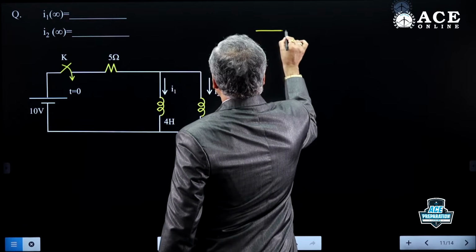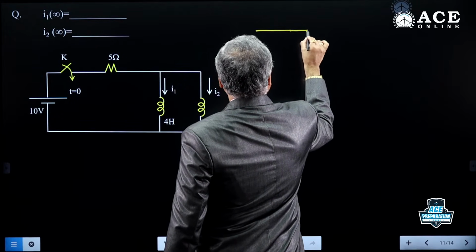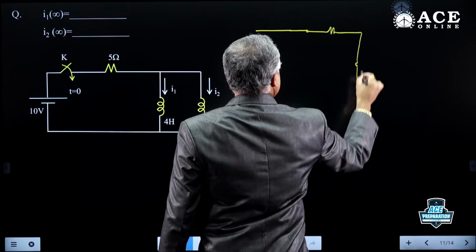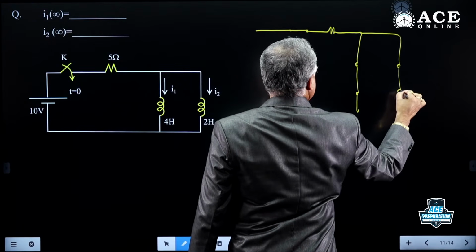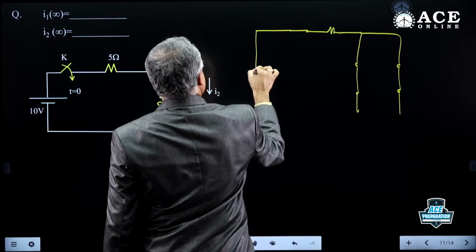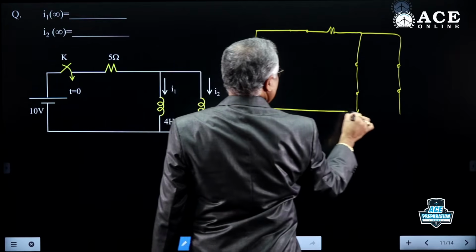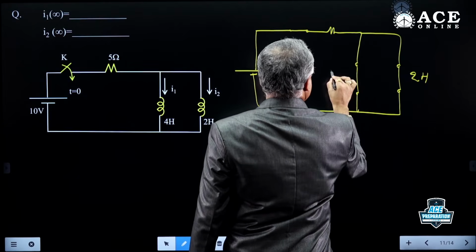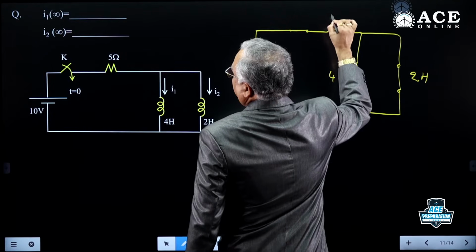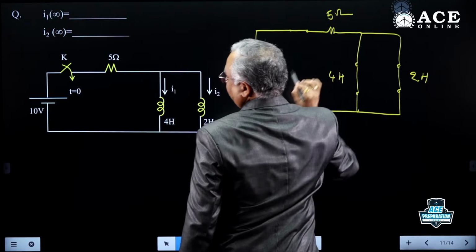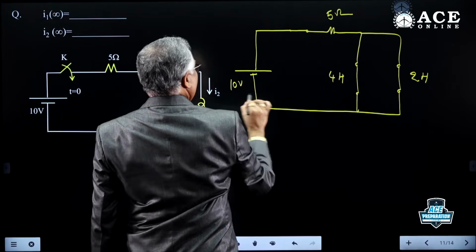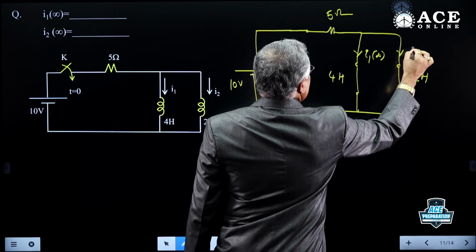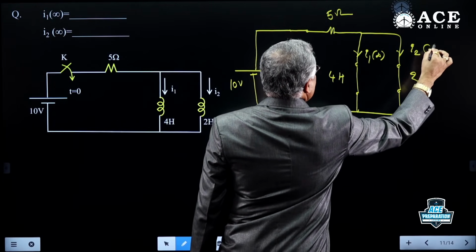Switch is closed, 5 ohm, 2 Henry shorted, 4 Henry shorted, and 10 volts. We want this current I1(infinity) and this current I2(infinity).